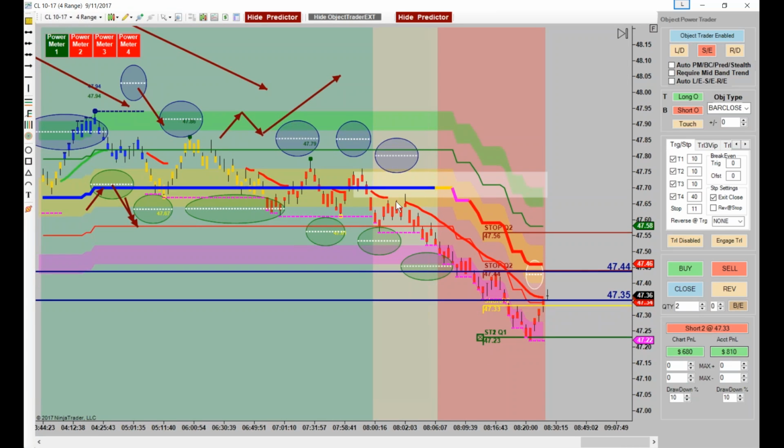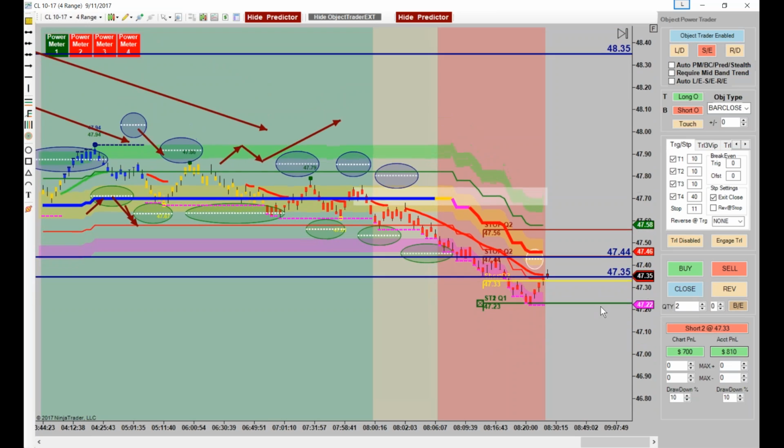But isn't this doing what it's supposed to do? Stair-stepping down, stair-stepping down. It did break micro. This is my secondary swing. Okay. And obviously, if we happen to go down back below this, we could go ahead and add some contracts if we want, right?